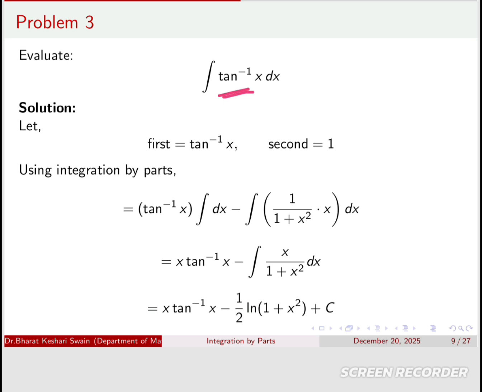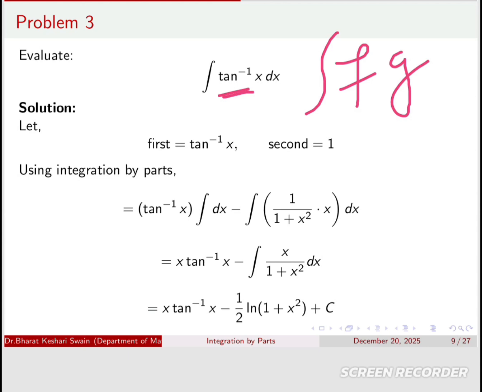We have already told before that the by parts rule is applied for the product of two functions, but here only one function is there, only tan inverse x.